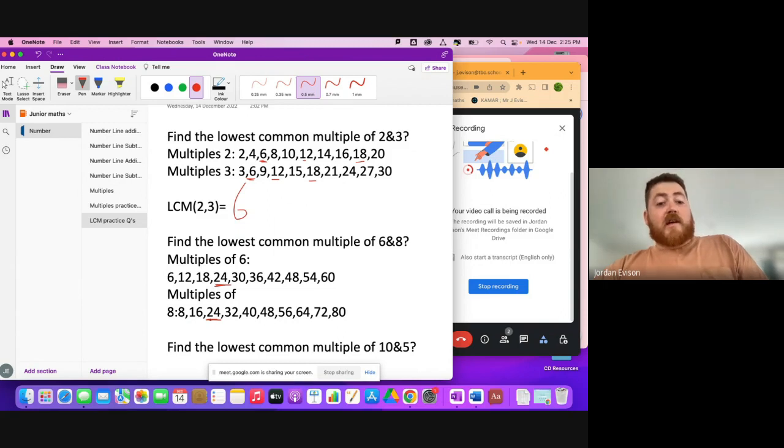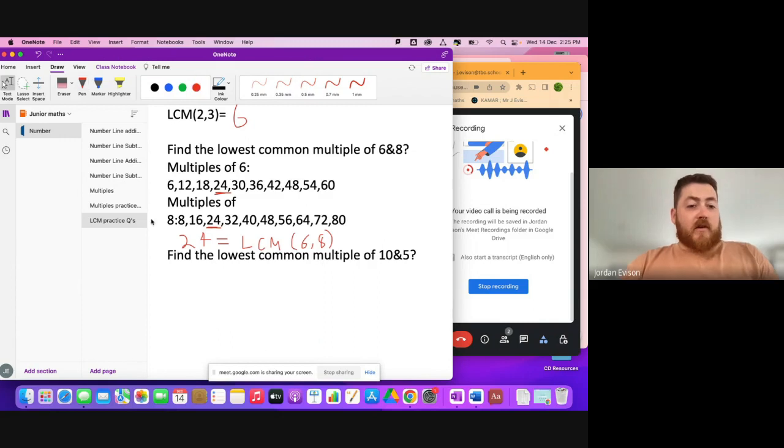So we could say the LCM of 6 and 8 is actually 24. Excellent. All right, now moving right on to the next one.